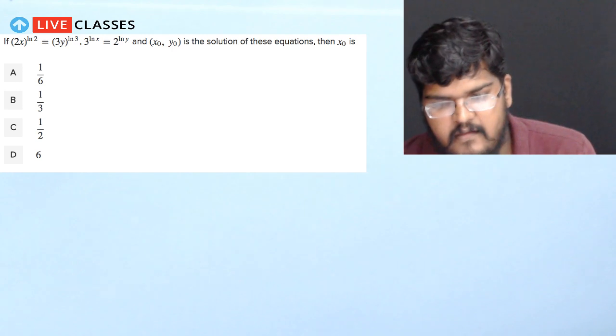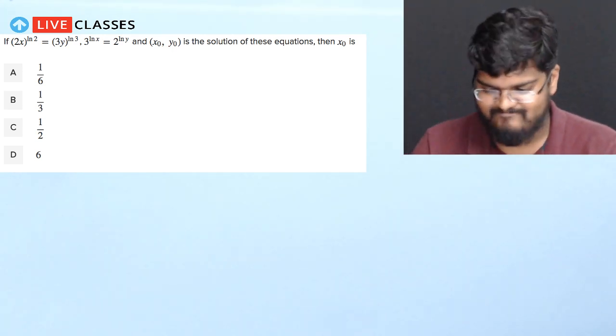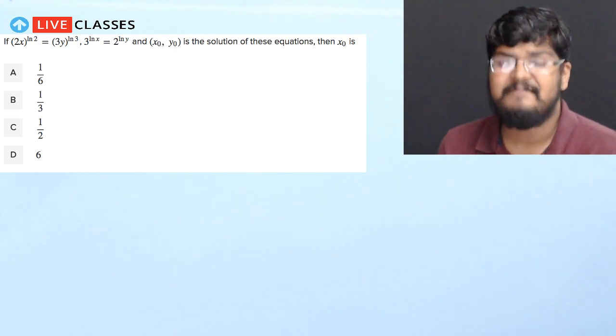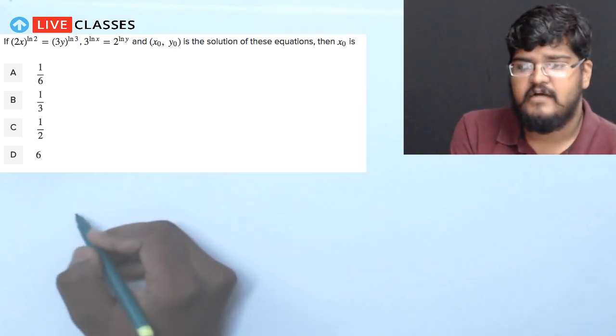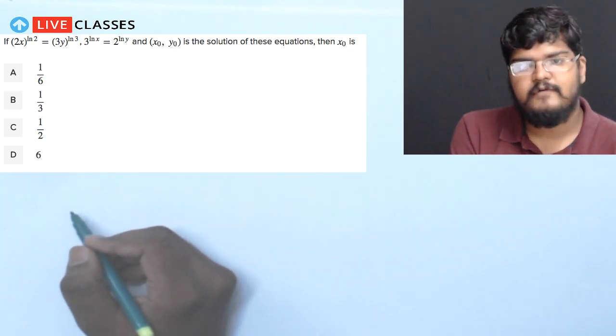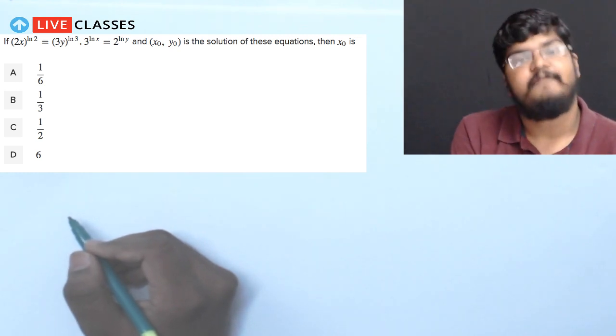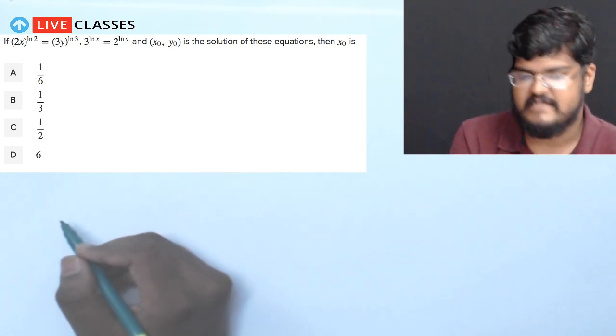So what do you think we can do in these kinds of questions? This question is actually simple enough. If you think about it, all we have to do is find that value of x0 which will satisfy this equation of ours.